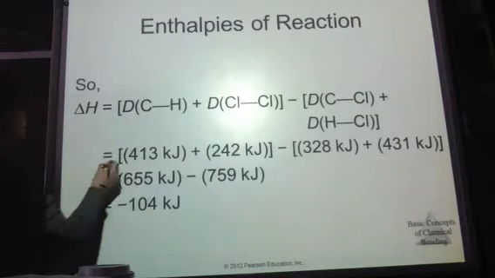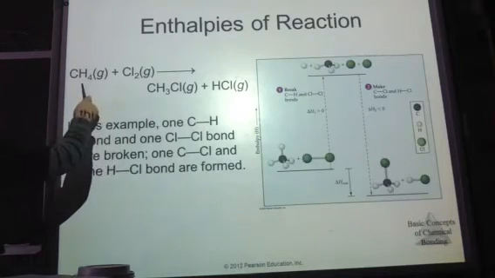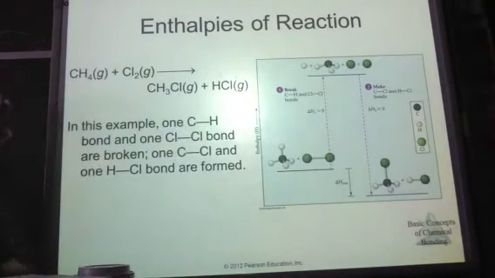So when we have CH4, when we have methane reacting with chlorine, forming chloroform and hydrochloric acid, the reaction is exothermic. So again, that just means that the bonds in the product are stronger than the bonds that are in the reactants.